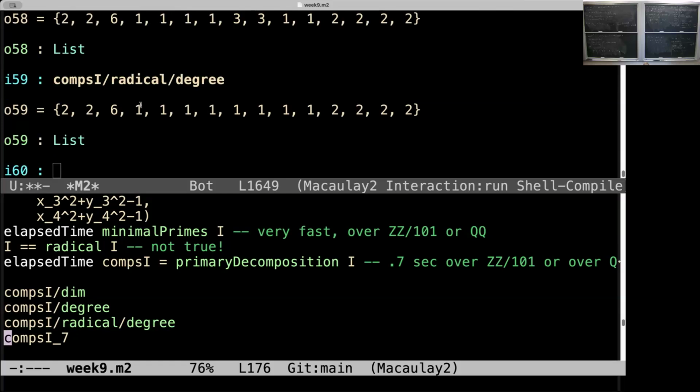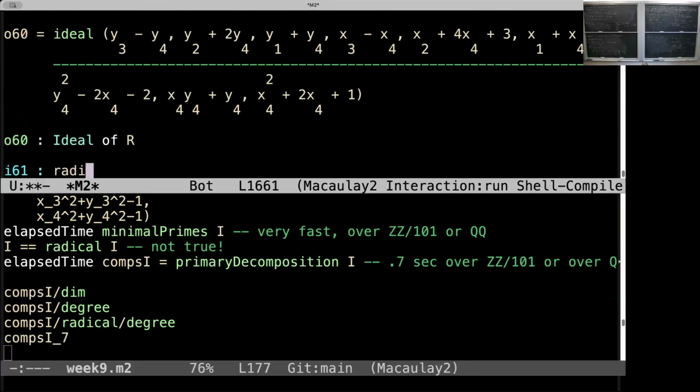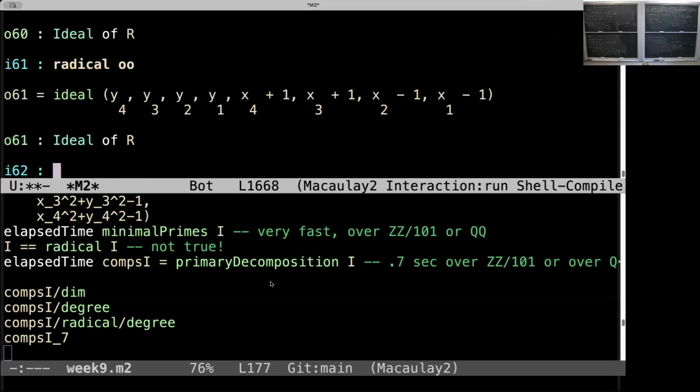Component 7 is 0, 1, 2, 3, 4, 5, 6, 7, which is this guy. So we can take a look at that, and this is what that ideal looks like. So is that primary? Well, we can look at its radical, and sure enough, it's a prime ideal and it's a maximal ideal. All 8 variables appear here.